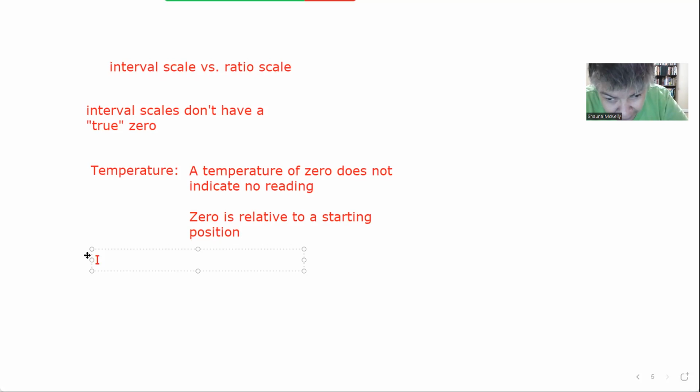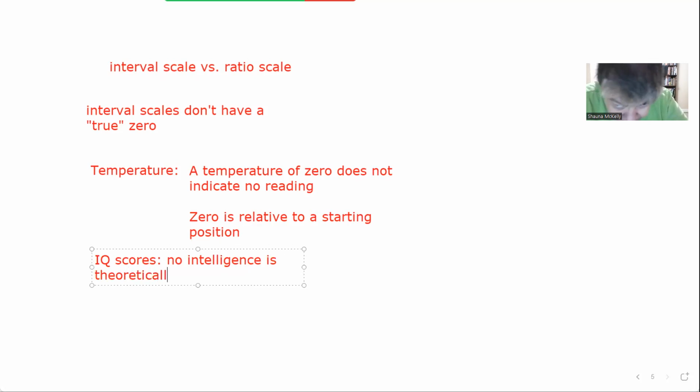I think they took it out of this book, but sometimes you'll see it. IQ scores are generally thought of as being interval scales because you can't realistically say that somebody has a 0 IQ. Even the most challenged person has some sort of intelligence. So IQ scores, no intelligence is theoretically not possible.